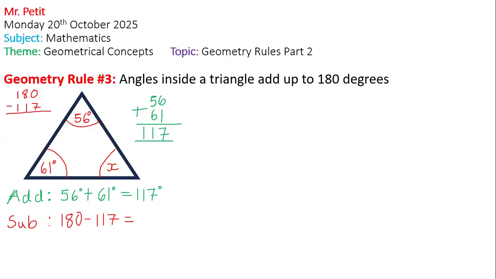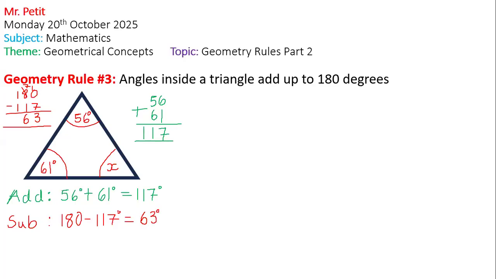Zero minus 7, we can't really do that. This becomes 7, and this becomes 1. So 10 minus 7 is 3. 7 minus 1 is 6. Very good. And 1 minus 1 is 0. So it's going to be 63 degrees.